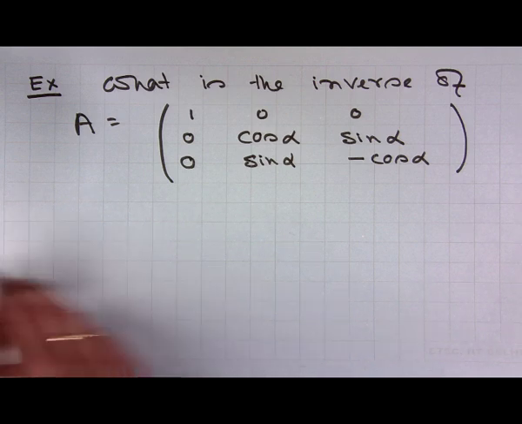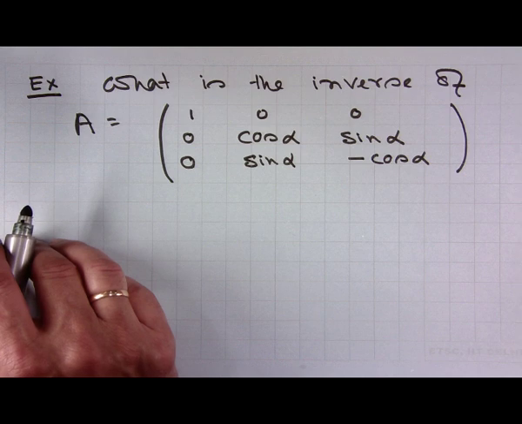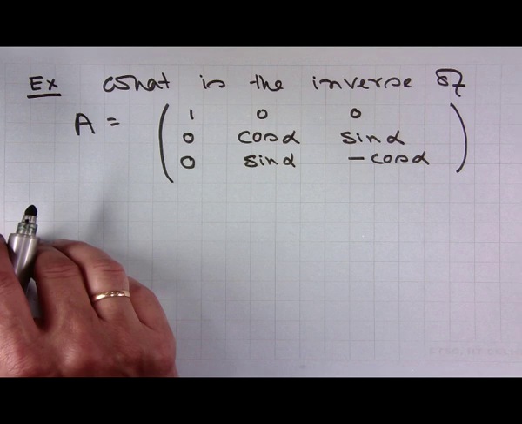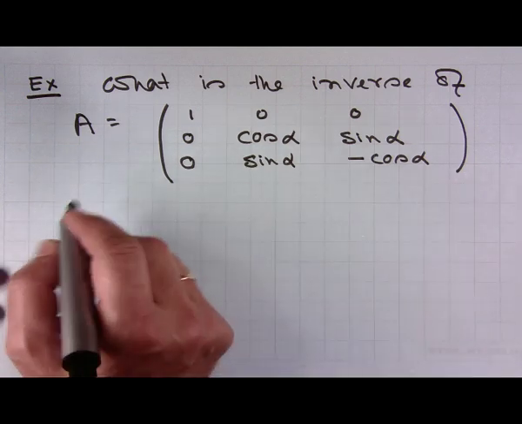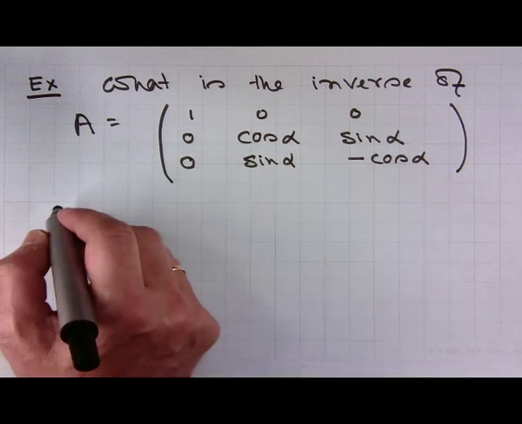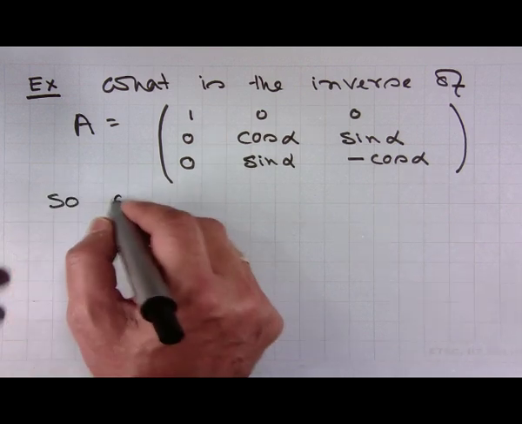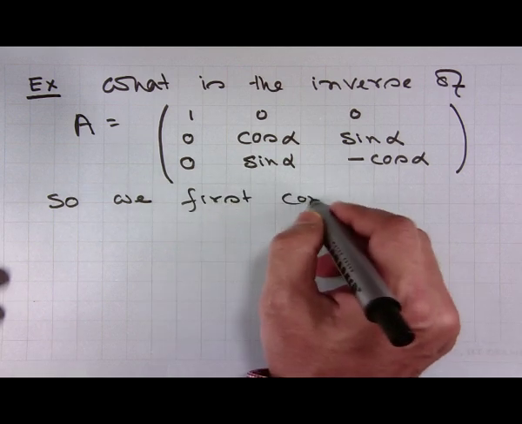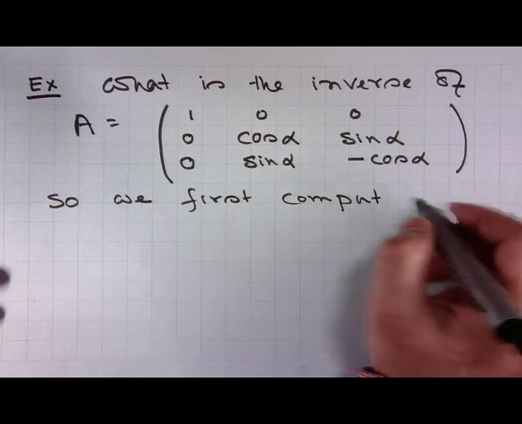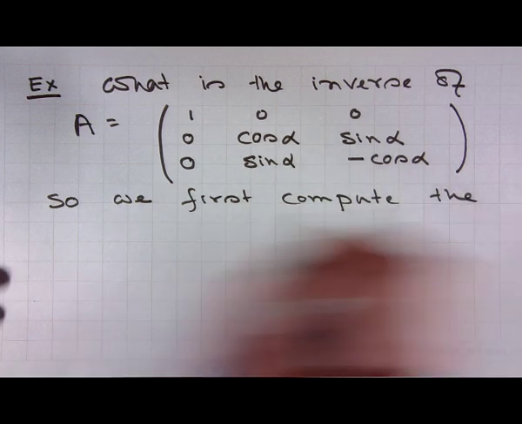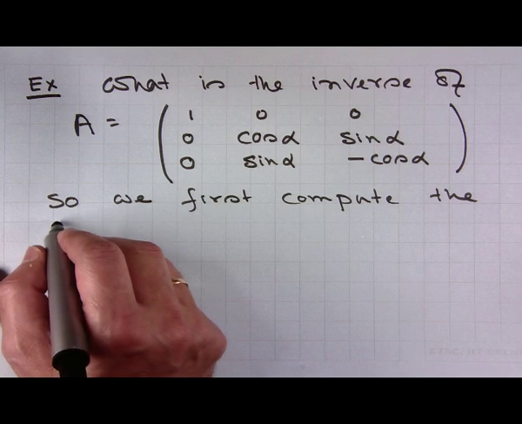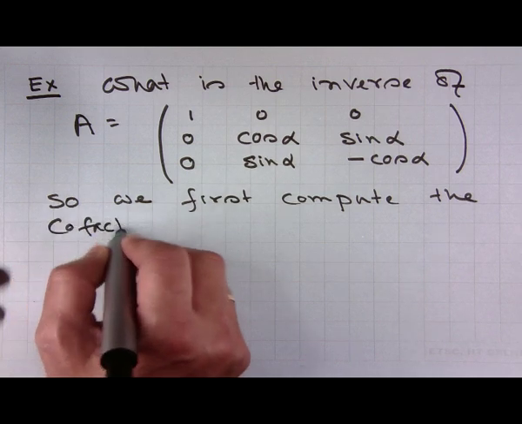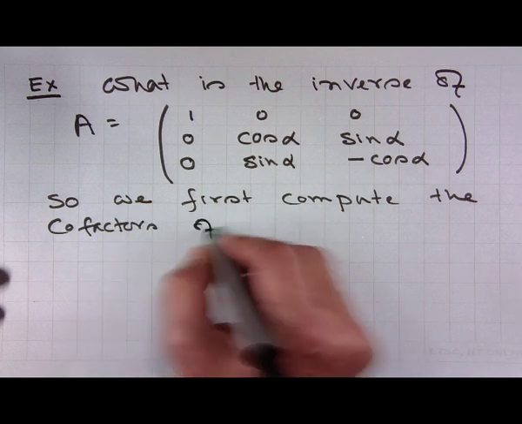We need to compute the inverse of this matrix. How do you do it? So, we first compute the cofactors of A.